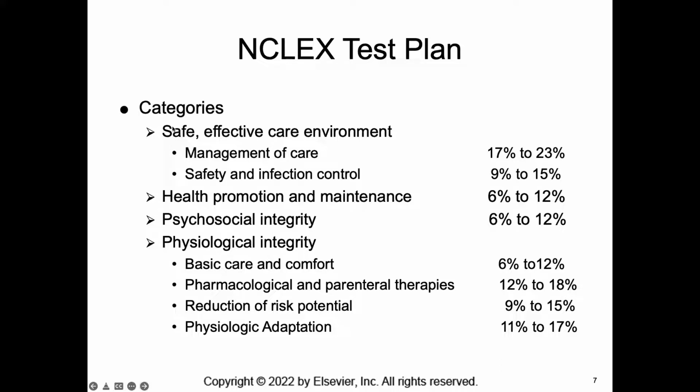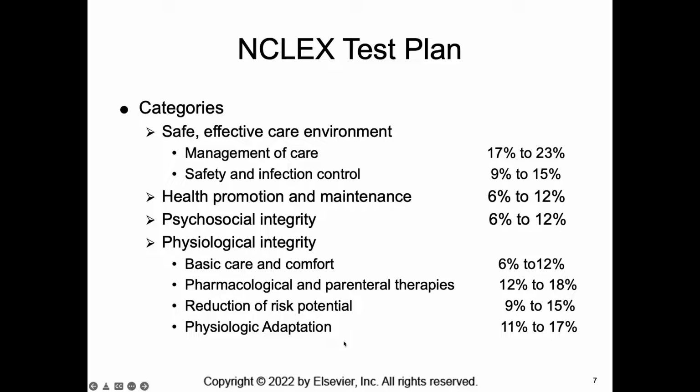And up to 5 hours to take it. So the NCLEX test plan categories are, as you can see, the big one here is management of care, and the other big one is pharmacological and parenteral therapies as well. That is important, but you have to review each individual one.